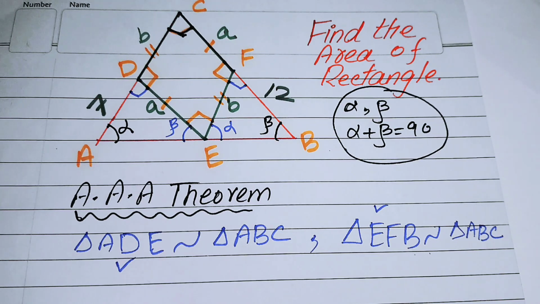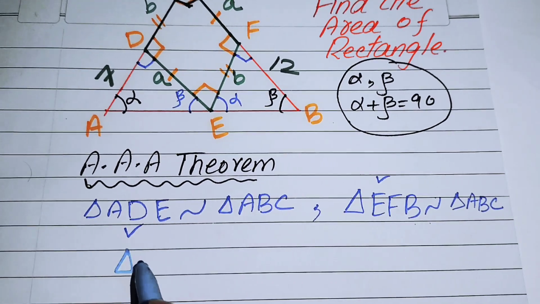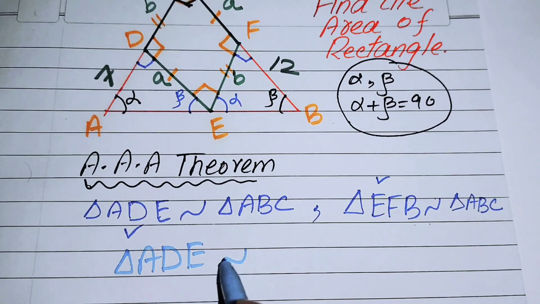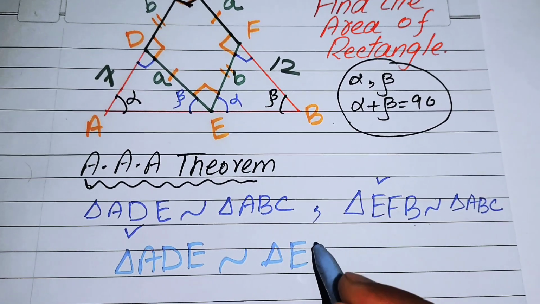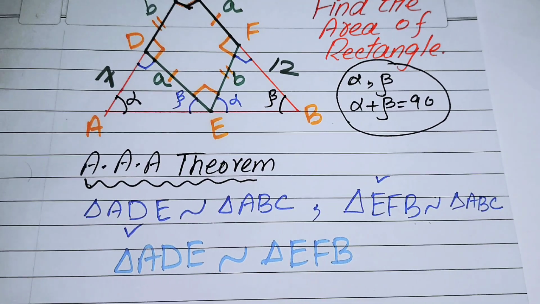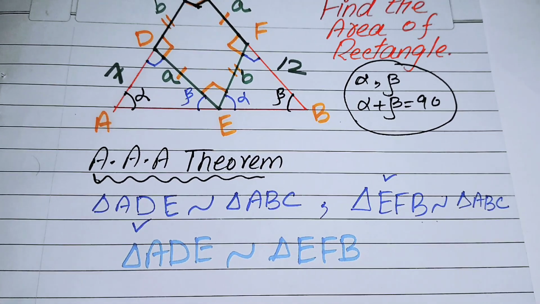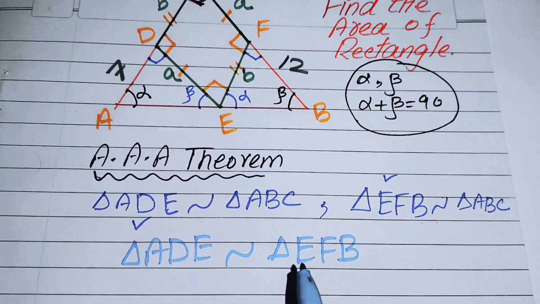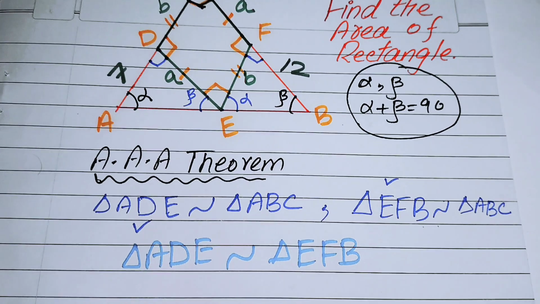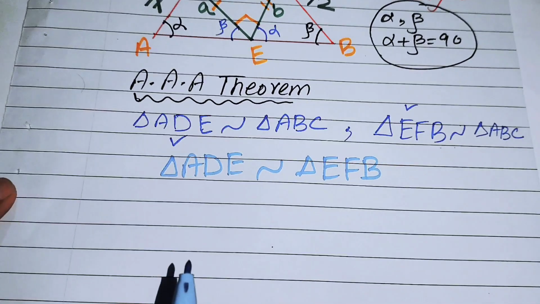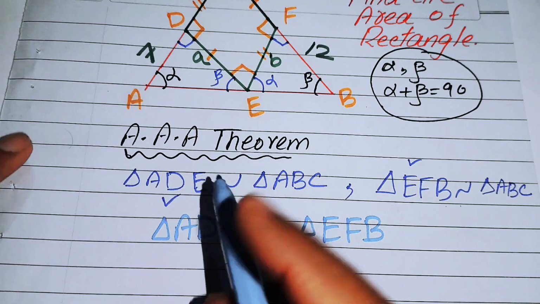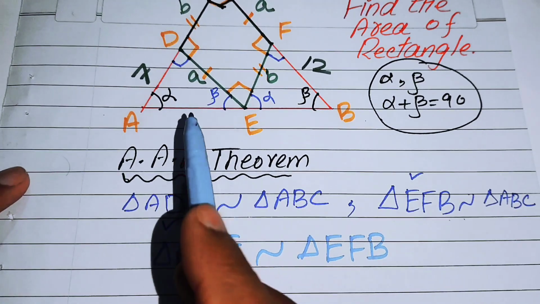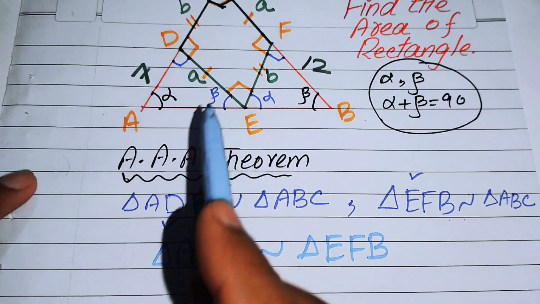So we finally conclude that triangle ADE is similar to triangle EFB. If these two triangles are similar, the ratio of two sides of triangle ADE equals the ratio of the two sides of triangle EFB.